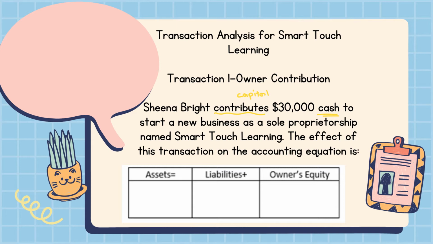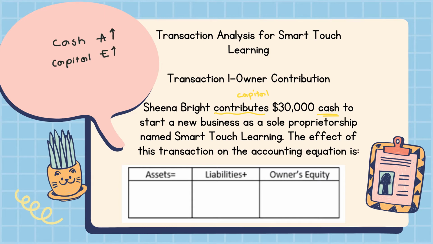So now the two accounts affected by this transaction are cash and capital. Now for the business, the cash has increased and also the capital will increase my equity, as we said before. So the business cash increased, so my assets increased. Capital will always increase my equity because it's positive.